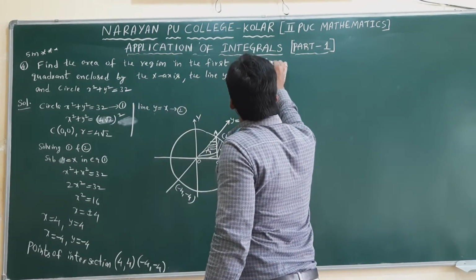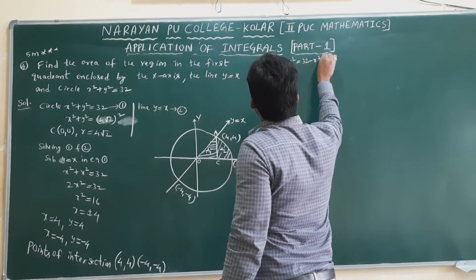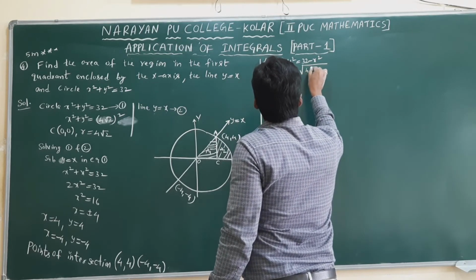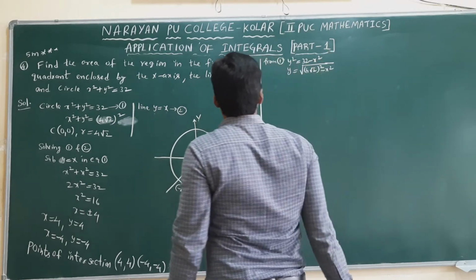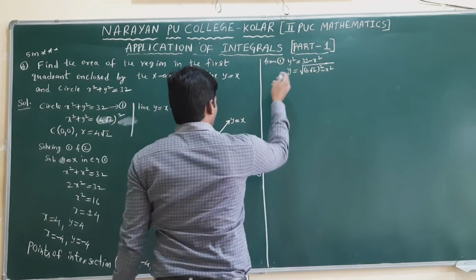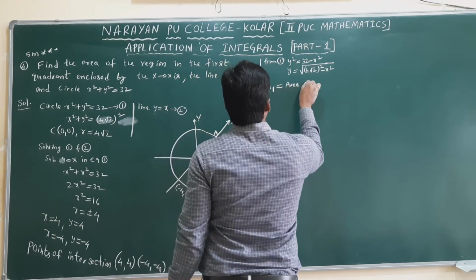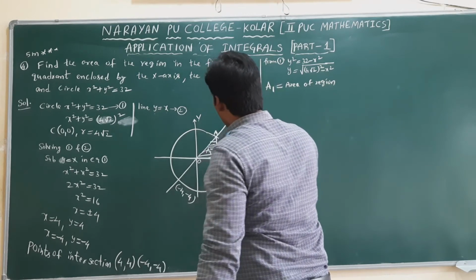From equation 1, I will find y square equal to 32 minus x square. Y equal to root of 32, I can write 4 root 2 whole square, minus x square. This one you will use here. Now first, A1 is what? Area of region OACO.